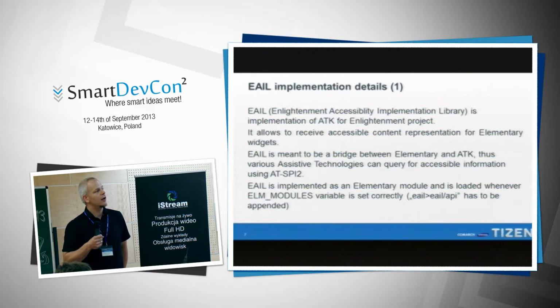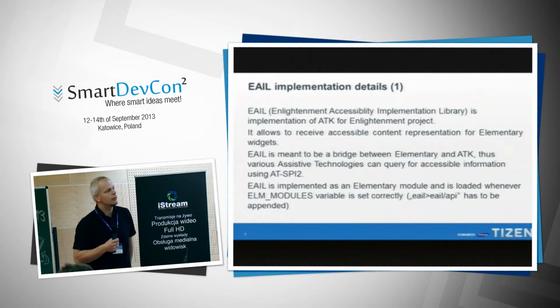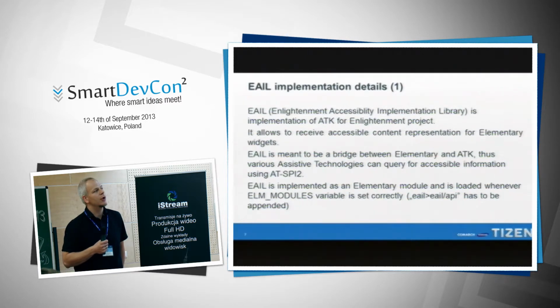EAIL is an Elementary module, and is loaded whenever we set the Elm module variable, as shown here. So if we append this short string to this variable, then EAIL will be active and ready to work.